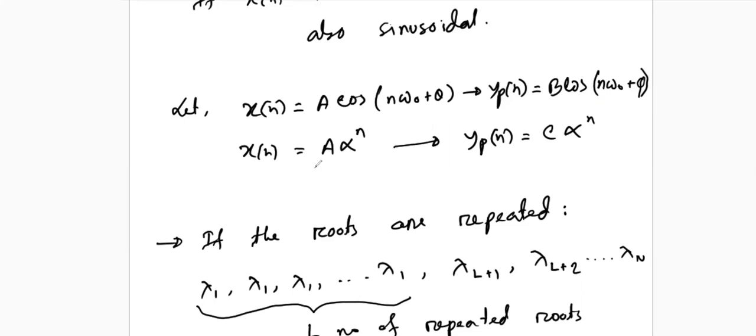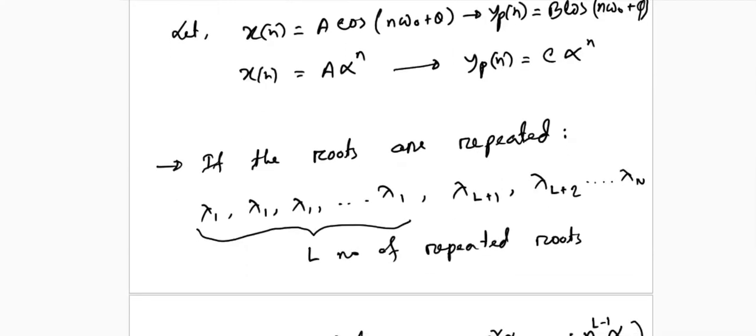On the other hand, if this is an exponentially decaying or increasing value, it will be the same, where the multiplying factor might change. Okay, the pattern should be the same. So that is the note to find the particular solution.